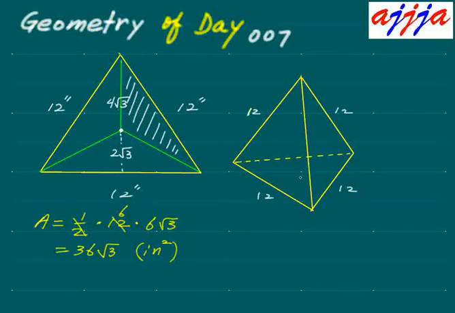But this shape's actual name is what? 1, 2, 3, 4 faces. 4 means tetra, so the name of this shape is a tetrahedron. Hedron means face, not side. The side is a lateral. So actually everything is 12.